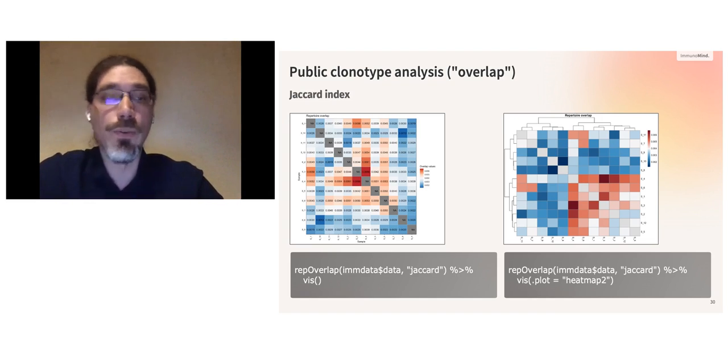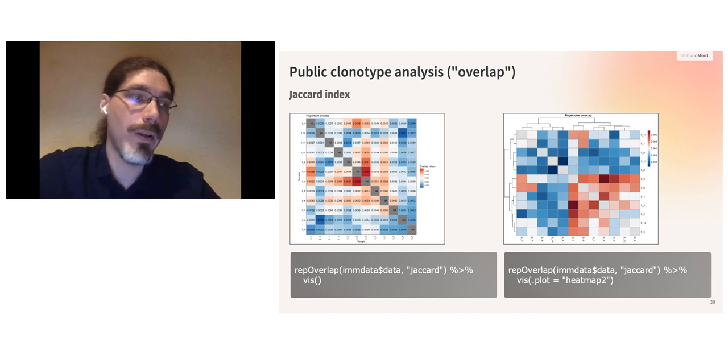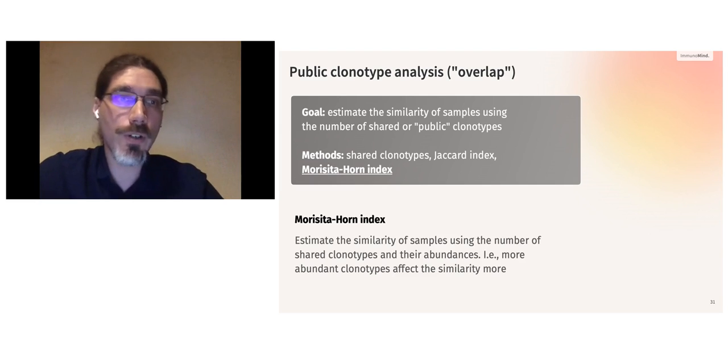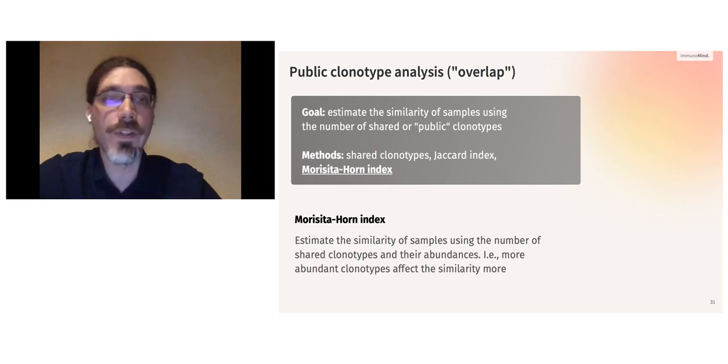So with the immune response, if two samples have the same immune response, they will probably have the most abundant clonotypes. And to measure that, you can use the Morisita-Horn index. It's just like the Jaccard index, but it also uses the information about abundance, about the numbers of clonotypes, the numbers of rows in the repertoire tables.